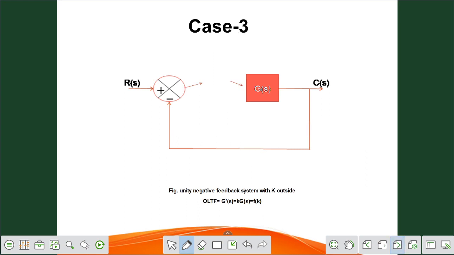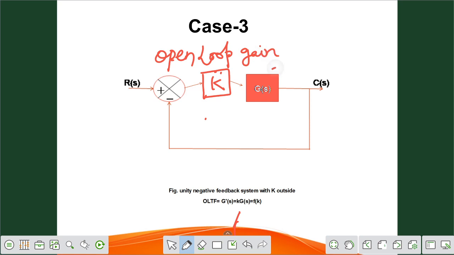In the next slide, what do we have here? This is the open loop path gain. This is the open loop transfer function gain. This is the open loop gain.